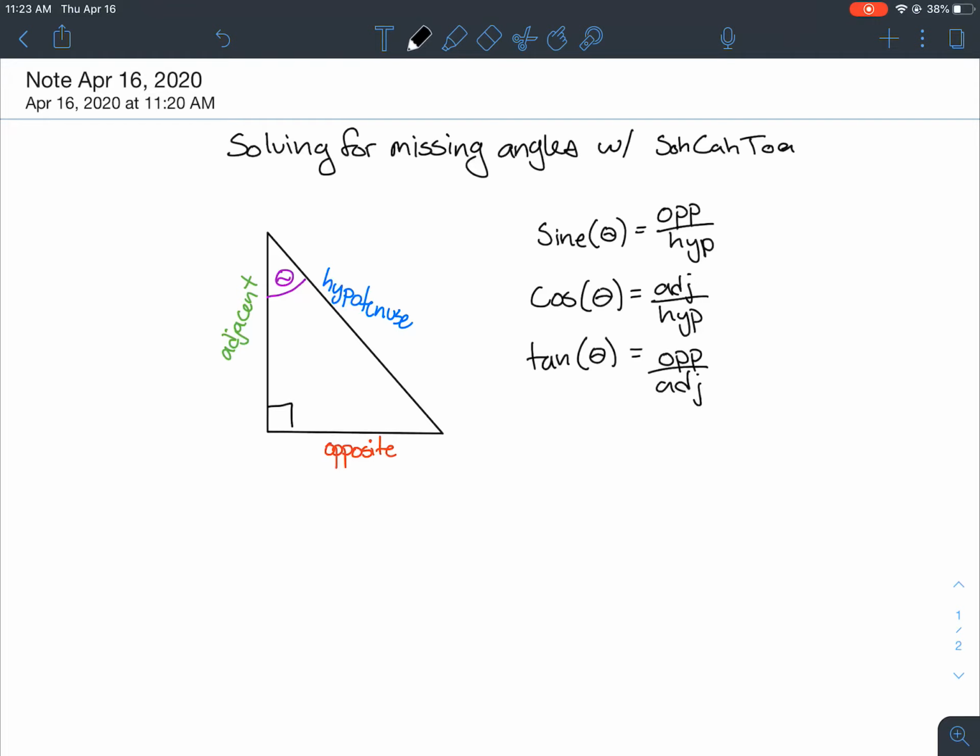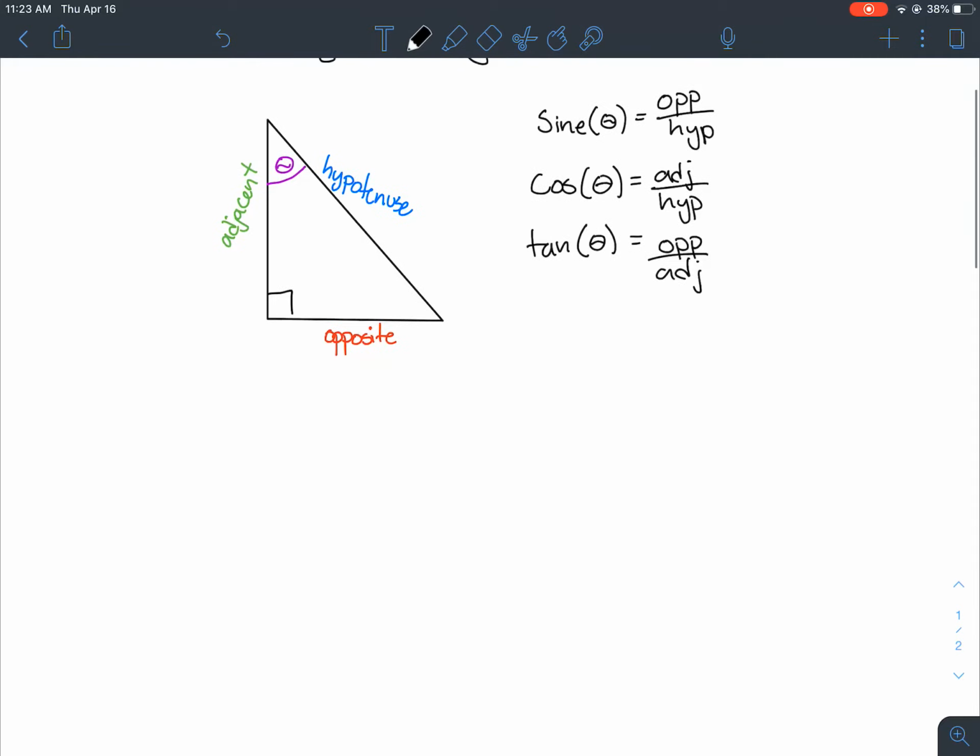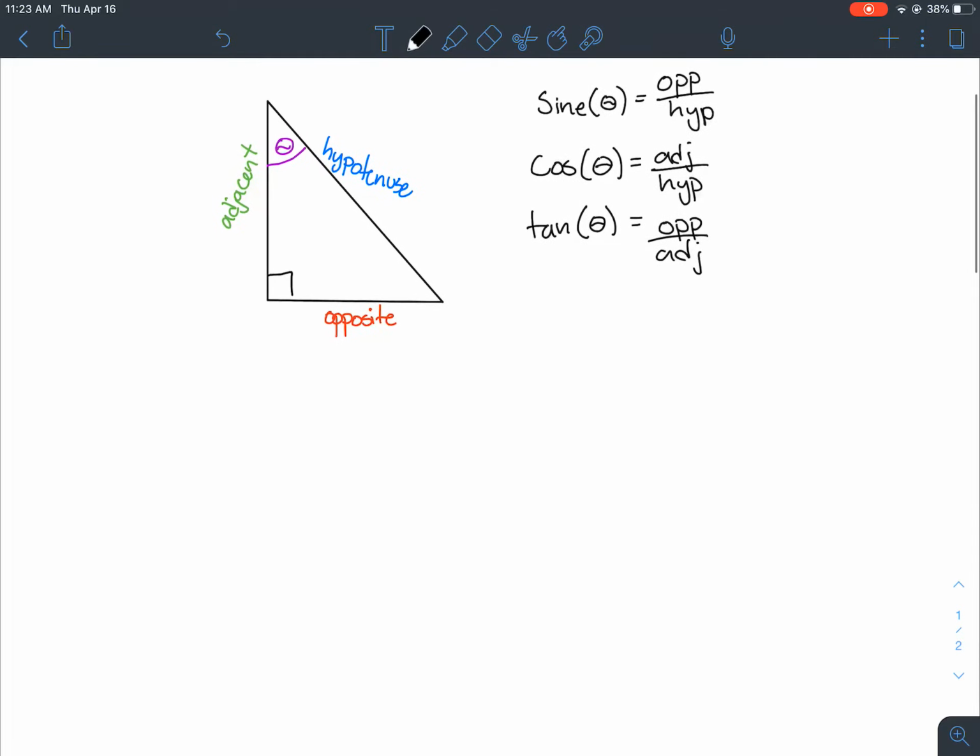So we're still going to be using these same ratios, SOHCAHTOA, with our theta, which is our reference angle, and then using the appropriate sides for that ratio. So nothing's really changed.